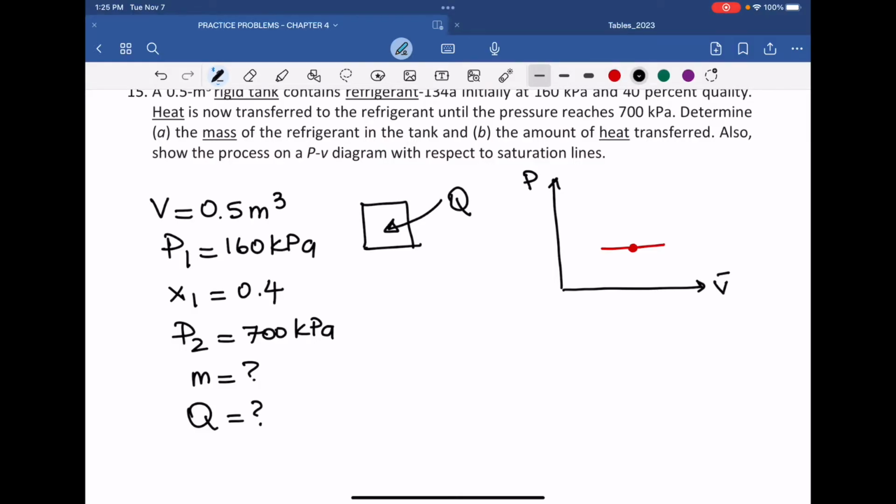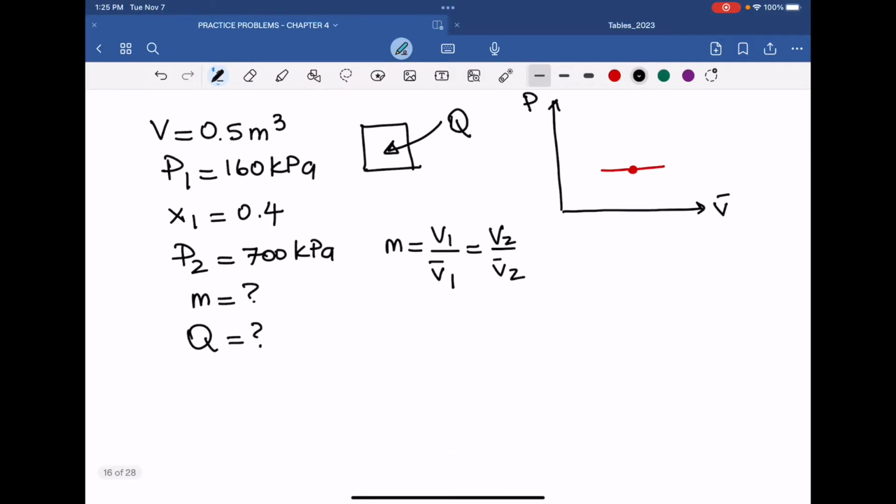First of all, how we can determine the mass. There is one way: if you know a volume, which we know, and if we can figure out the specific volume at the first state, we can use that, because mass is volume over specific volume at the first state or second state. But in this case, for the first state, it is easier because we are given the quality and the pressure.